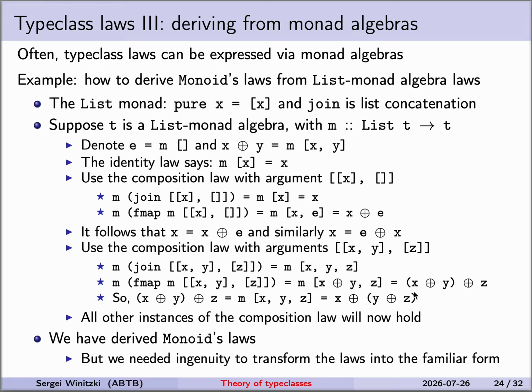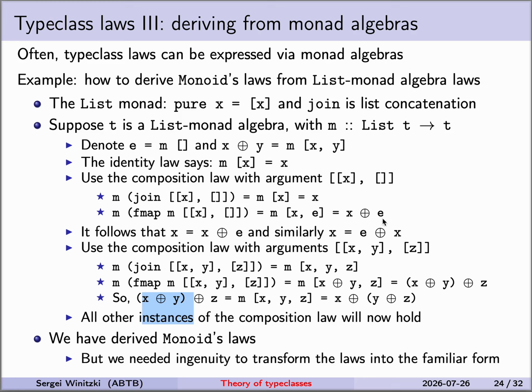Now, what turns out after this point is that no matter what other arguments you put into the composition law, no matter what other nested lists, they can have empty or non-empty nested lists, no matter what you put in, the composition law will hold, assuming that these three laws hold.